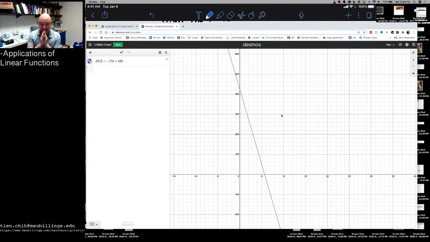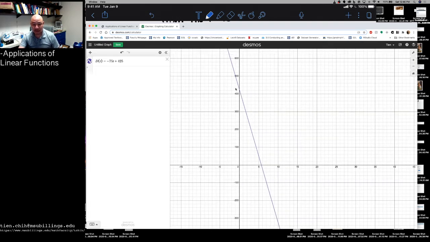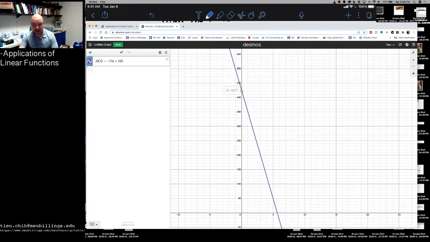So that's our d of t, right? And so we can see that she starts here, when t is at time 0. So she's 425 miles away, and she gets closer and closer until the distance from the house is 0, and she's at her mom's house.